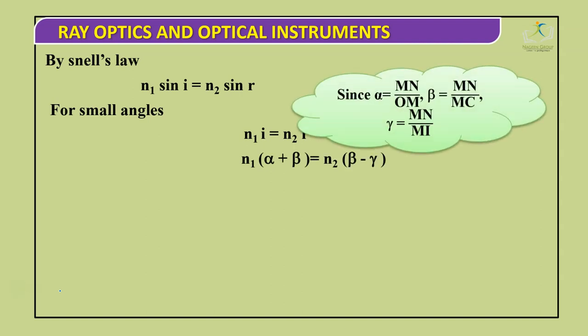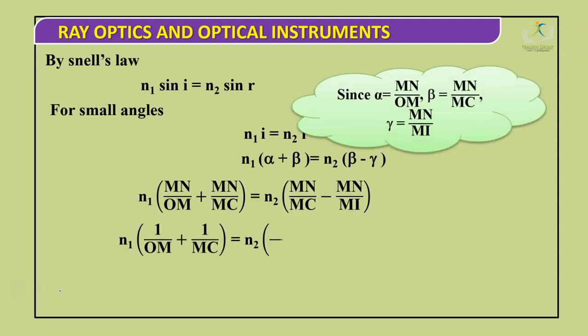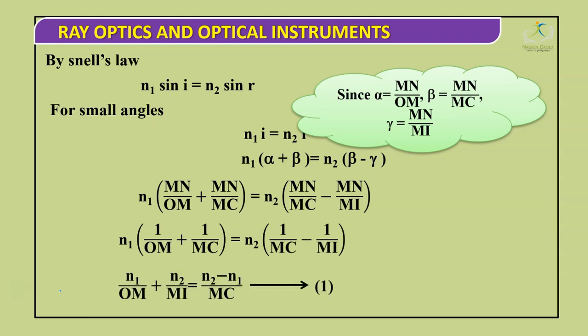We just put these values for alpha, beta and gamma. We get the equation n1 by OM plus n2 by MI is equal to (n2 minus n1) by MC.